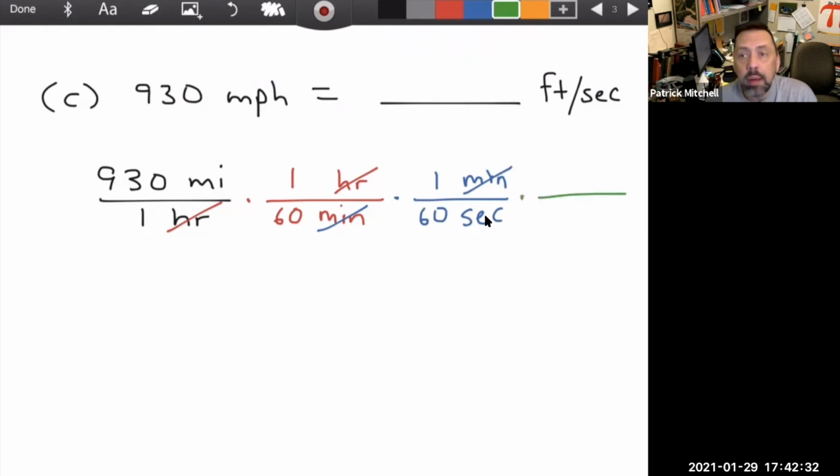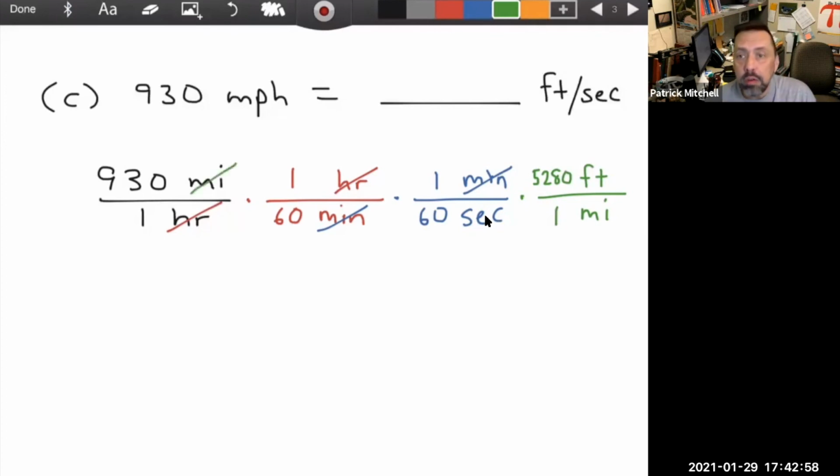Before we get into that, notice miles are on top in my original expression, so to get rid of them, I have to put them on the bottom. How many feet are in 1 mile? Well, there happen to be 5,280 for some reason. So now the miles are going to drop out.